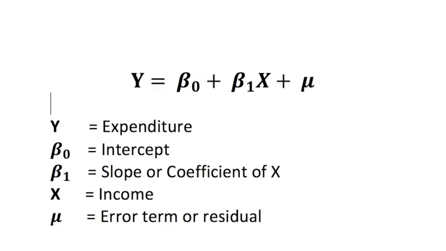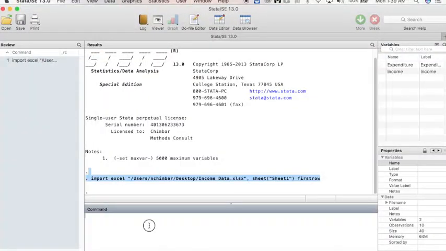So what do we do? We go back to Stata, and we have various options that we can rely on in order to estimate the effect of income on expenditure.